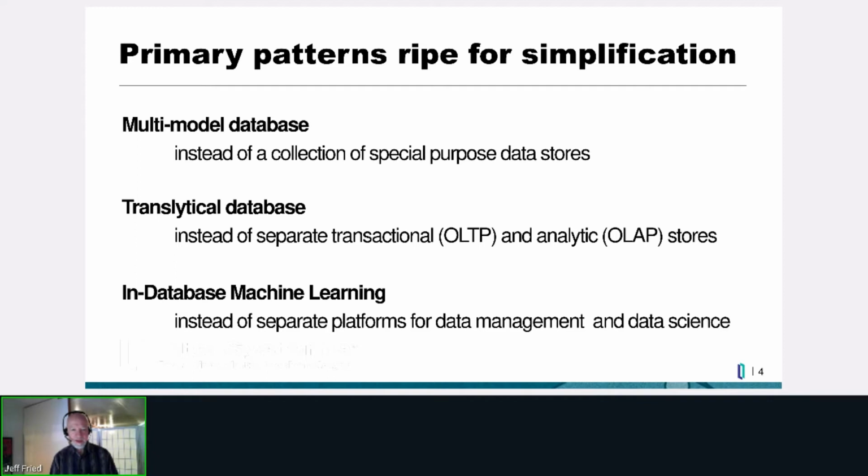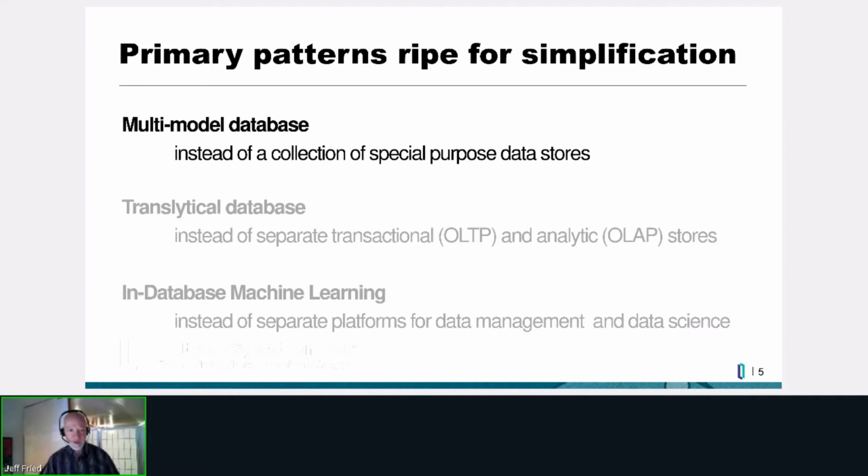The second is an extremely common, textbook pattern of separate transactional and analytic data stores that can be combined or simplified. And the last is a combination of machine learning platforms and data management platforms.